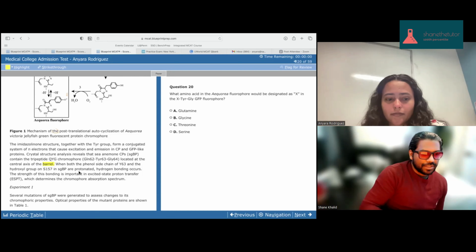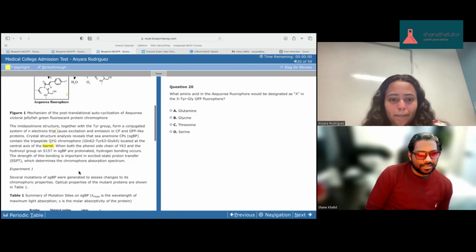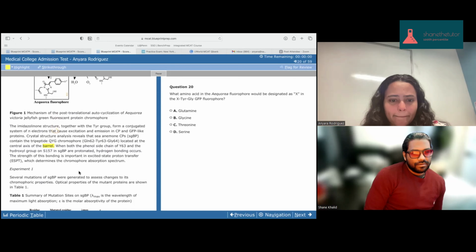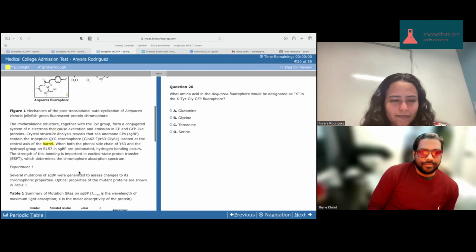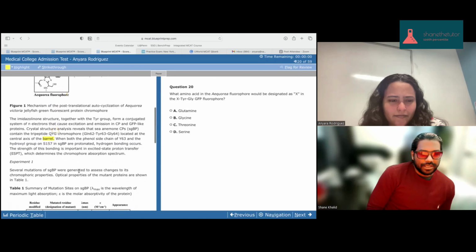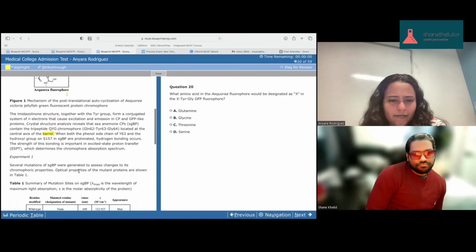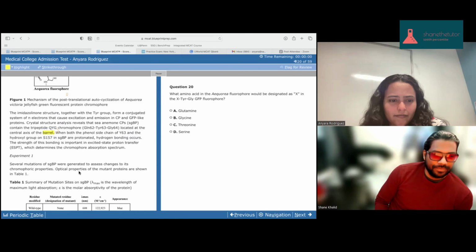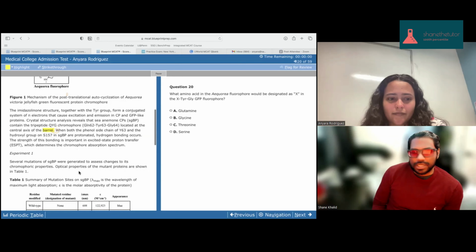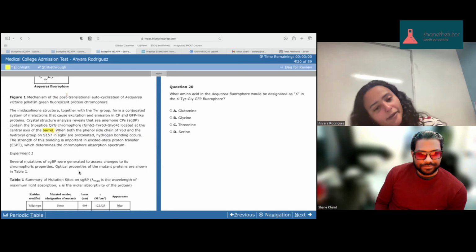And for this one that they're talking about for the sea anemones, when the tyrosine is protonated and the serine is protonated, there could be hydrogen bonding. And the strength of this bonding plays a role in the chromophore absorption spectrum, of like, I guess, the photons that it can absorb.